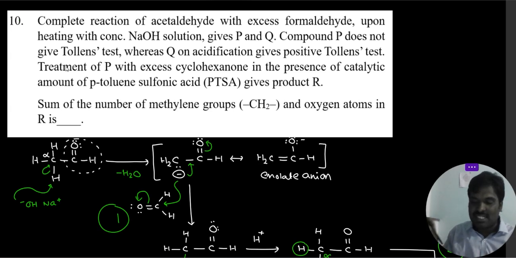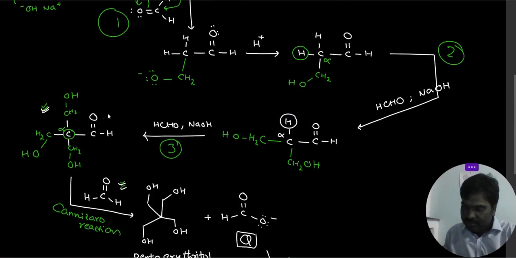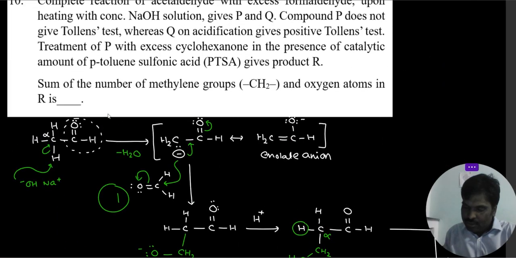That sum is the answer. Understood? So treatment of P with excess cyclohexanone in the presence of catalytic amount of PTSA gives product R.